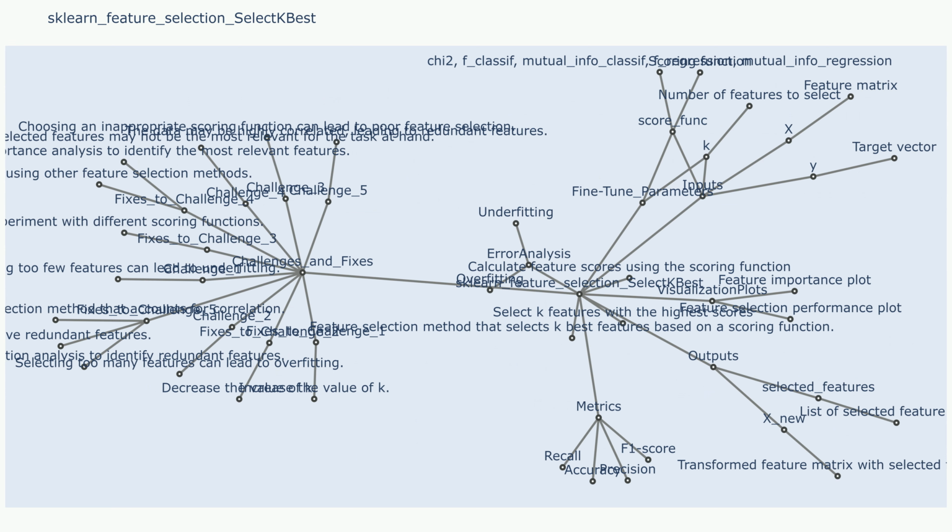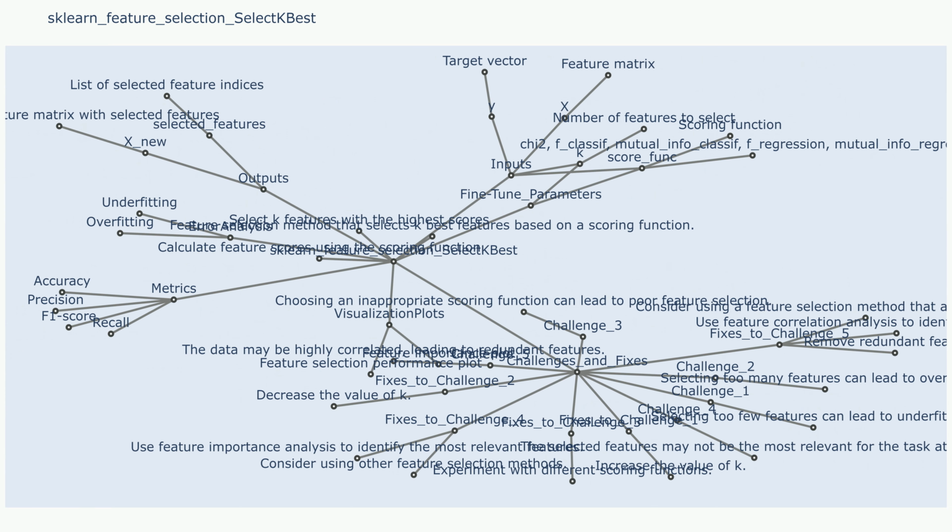Challenges and fixes. Challenge 1: overfitting. If K is too large, SelectKBest might include noisy or irrelevant features, leading to overfitting. Sample use case: in a text classification problem with a lot of words, using a very high K value might include words that are specific to a few training examples but not generalizable to new data.